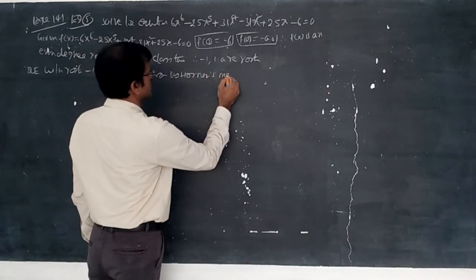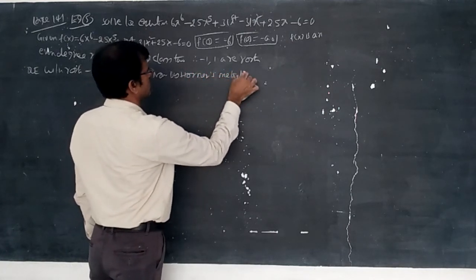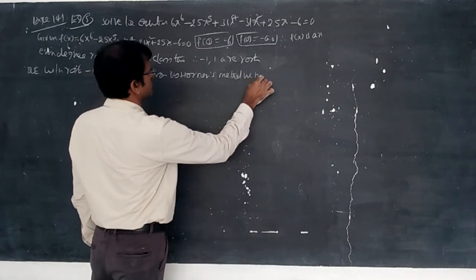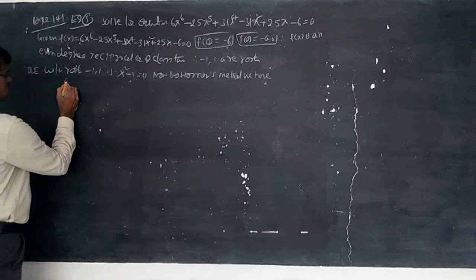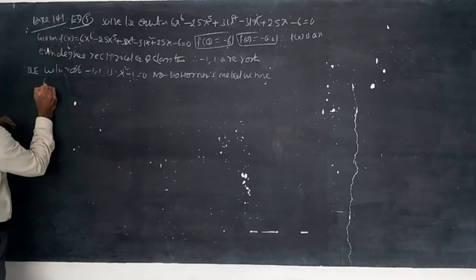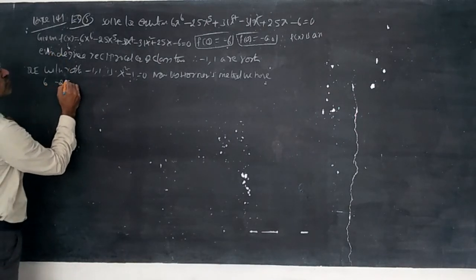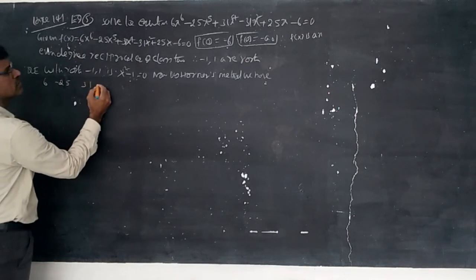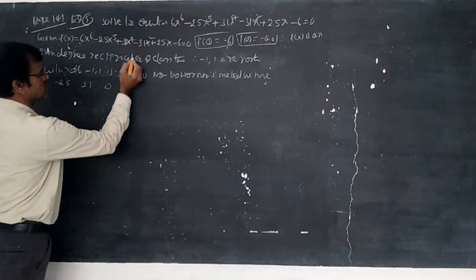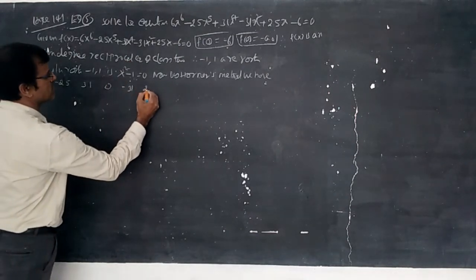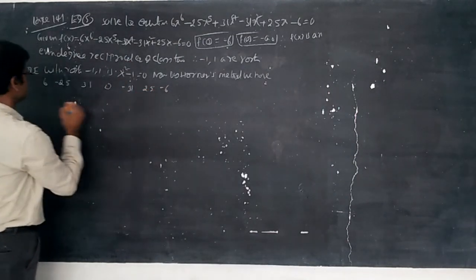By Horner's method we have 6, minus 25, 31. Students, x cube term is not there, so put 0, then minus 31, 25 and put minus 6 here.